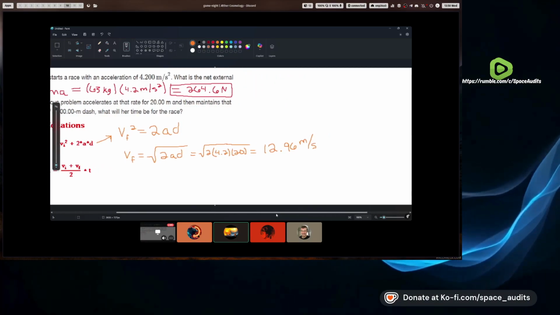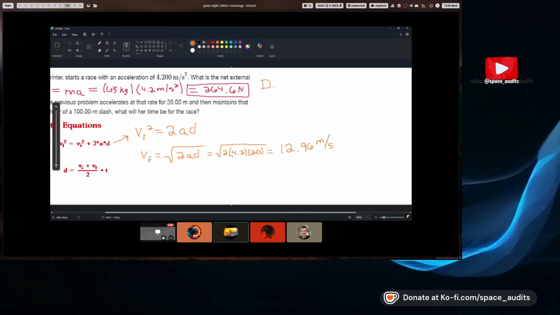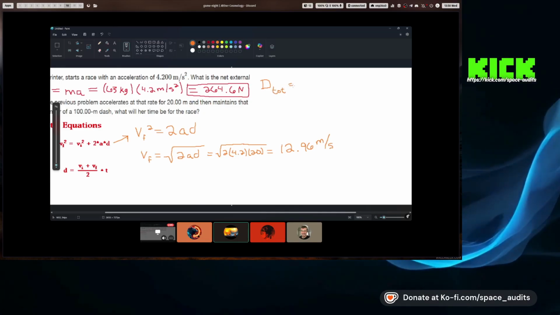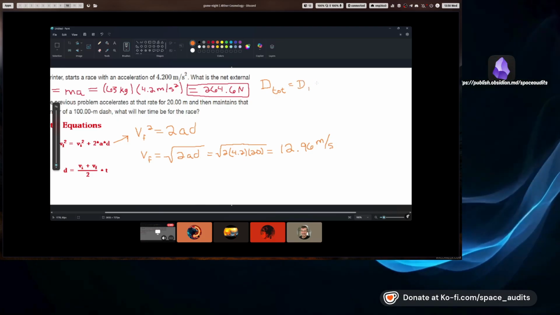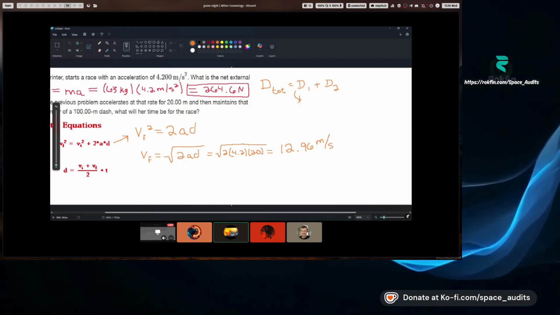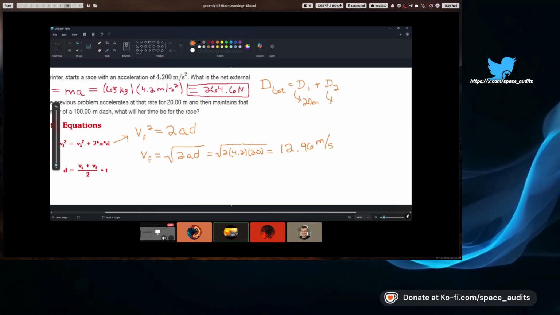So what I'll say is, distance total equals distance 1 plus distance 2. We've got 20 meters and we've got 80 meters.